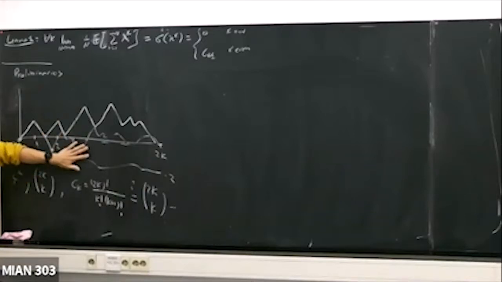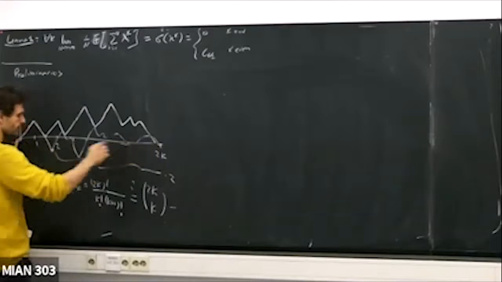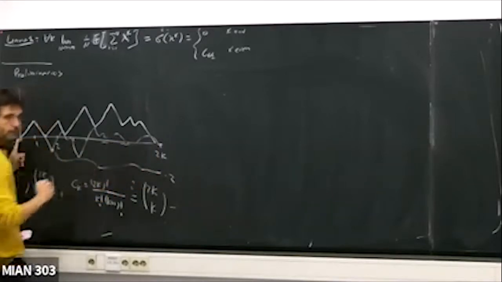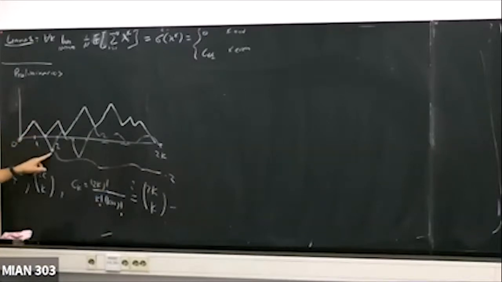Because if this one made +1, this one made -1. So how do I make a bijection between paths that start in 0 and finish in 0 but pass through -1, and paths that start in 0 and finish in -2? I wait until the first time the path is at -1, and it will be the same for the two.